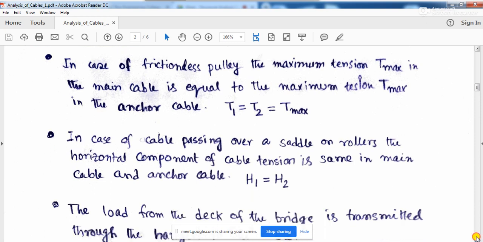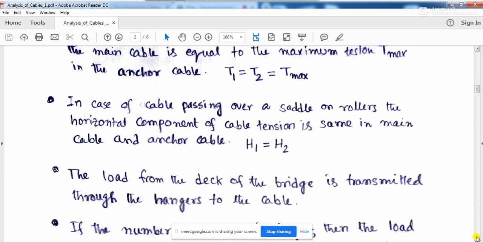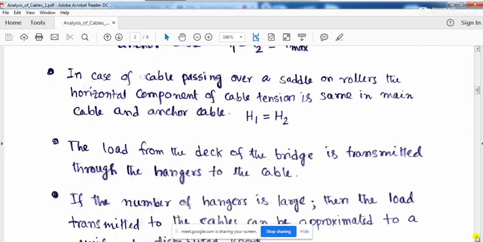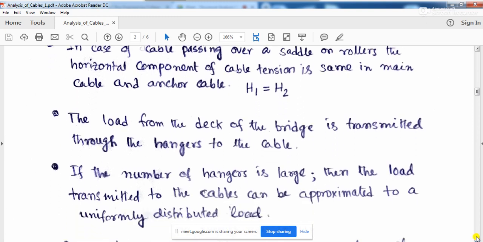So H1 should be equal to H2, and in that case T1 may not be equal to T2. In most cases T1 will not be equal to T2, but H1 must be equal to H2.